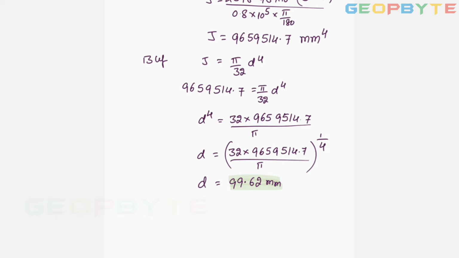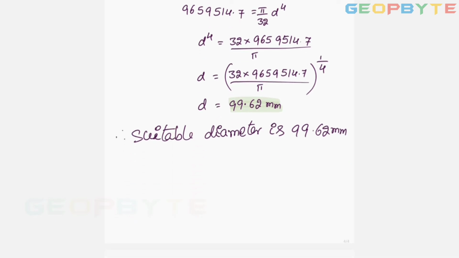Since 99.62 is more than 66.74, the suitable diameter is 99.62 mm. In the examination, you should write in brackets: greater of the two values. That is how you can decide the required diameter among the two cases.